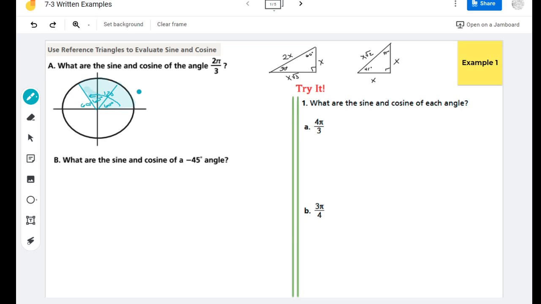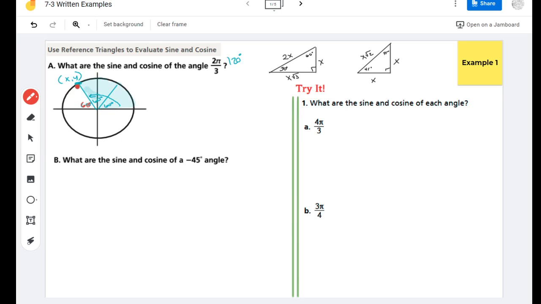Okay, so that's kind of the name of the game. I'm going to put the 120 here. So now we need to find our x and y, because again, the x is the cosine and the y is your sine. Now the biggest thing to note here is the 60-degree reference angle that I'm going to color red.